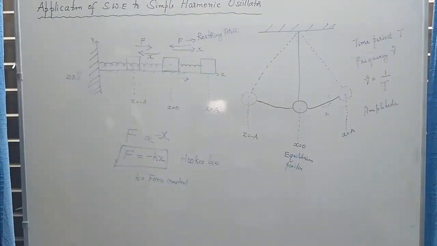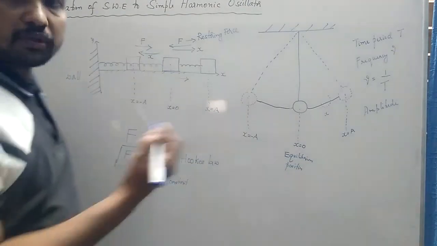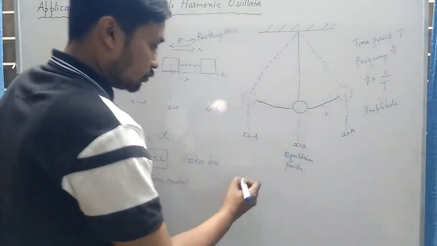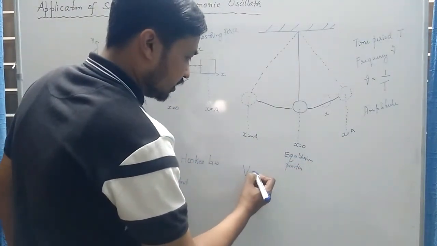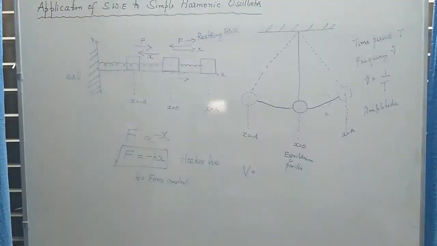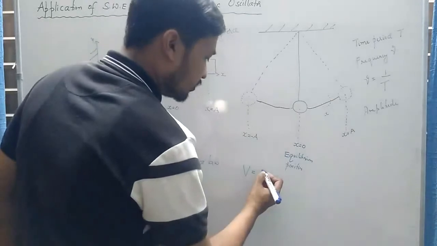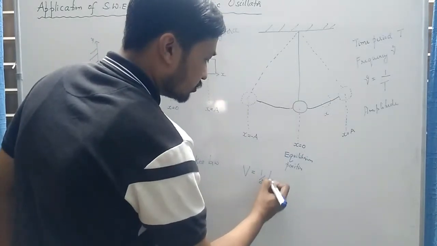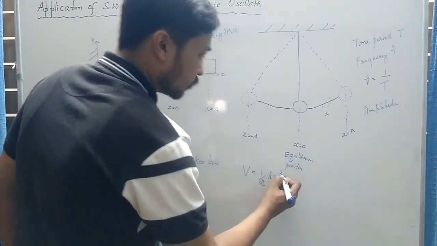Now let us comment on certain other physical aspects of simple harmonic motion. We know that the potential energy V of such type of simple harmonic motion is given by V is equal to half into k into x square.